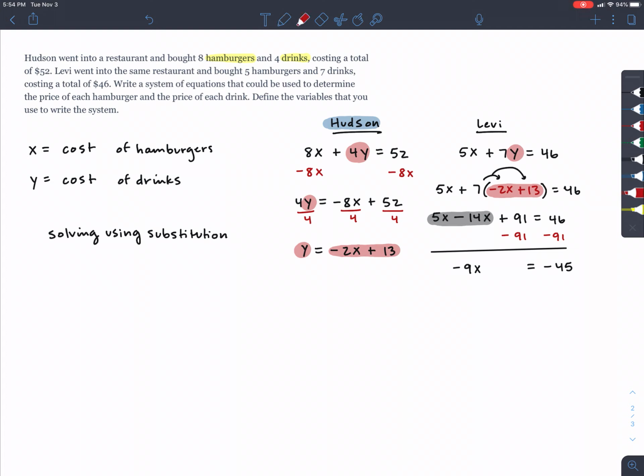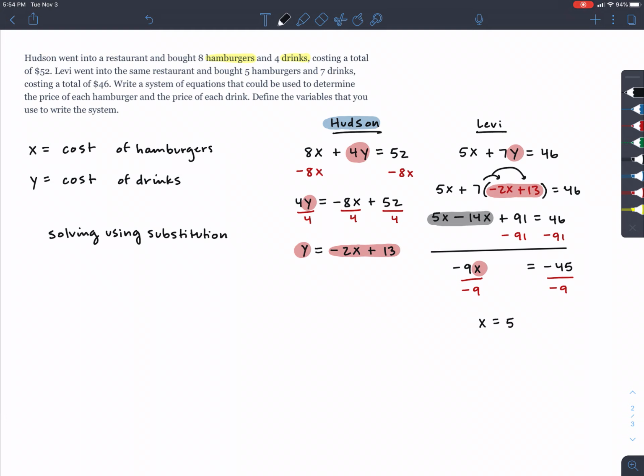I still want to get x by itself, and so to do that, I'm going to divide both sides by negative 9, and I'm left with x is equal to 5.